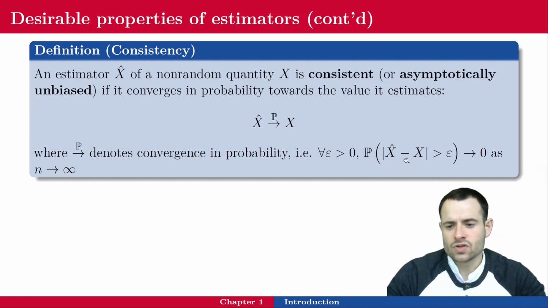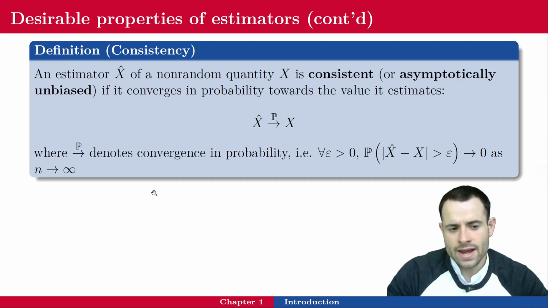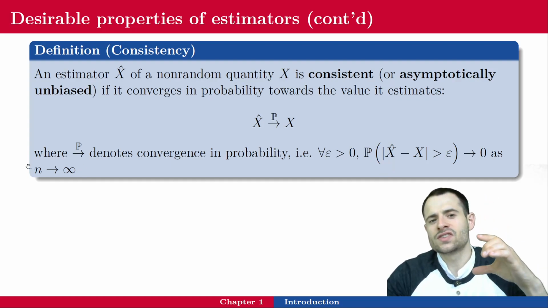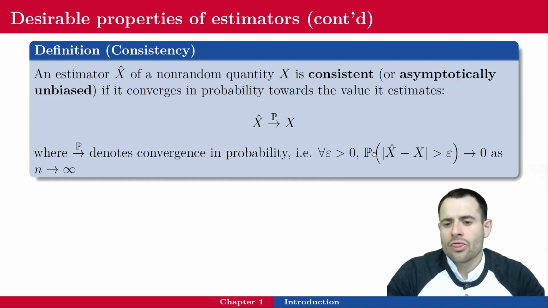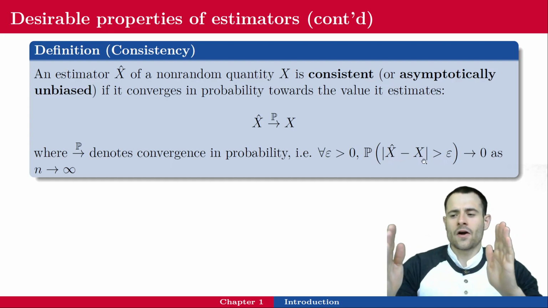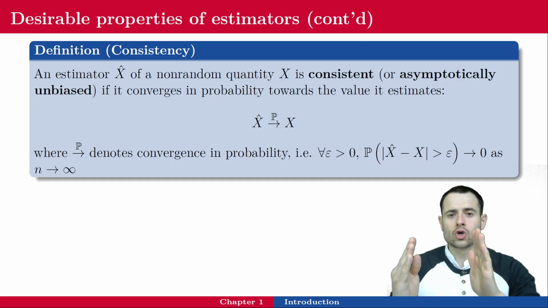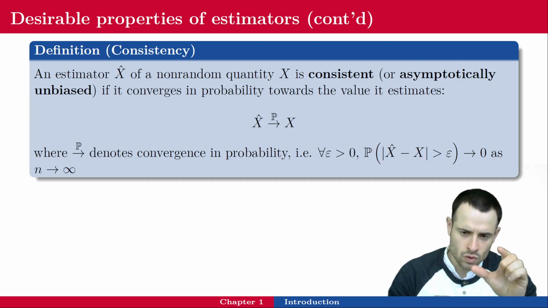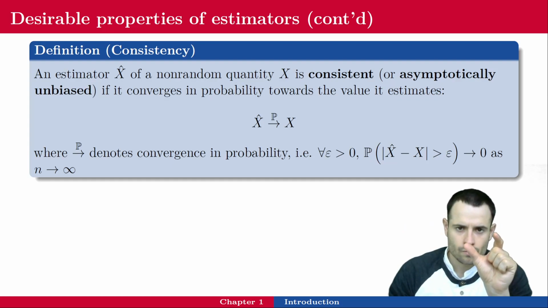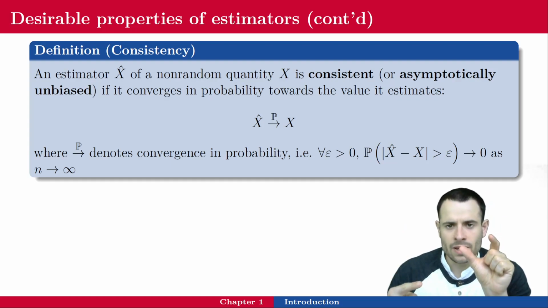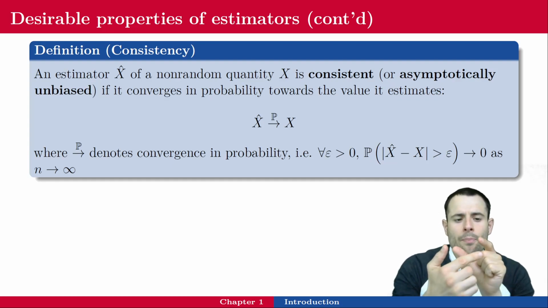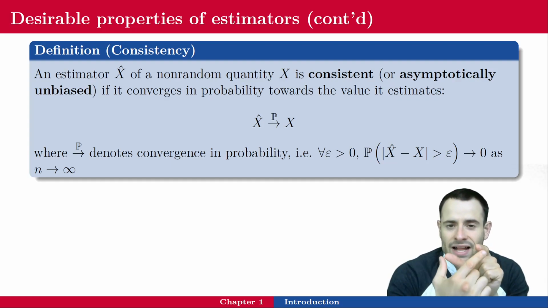In statistical terms, what it means is that as I increase the size of my sample, the probability that x hat is at a distance of at least epsilon from x goes to 0. It means that if I choose a distance epsilon, when my sample is getting bigger and bigger, the probability that my estimate is that far from the true value goes to 0.